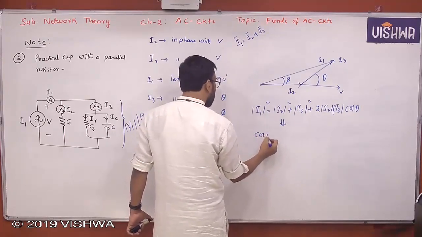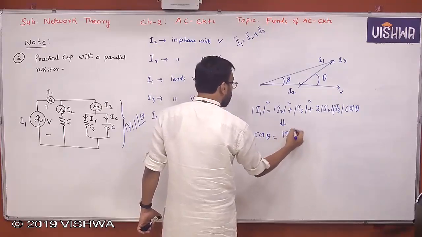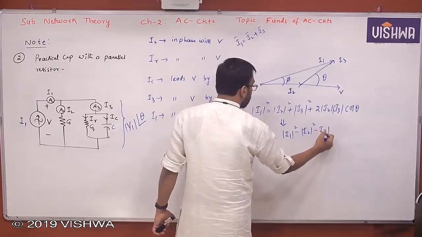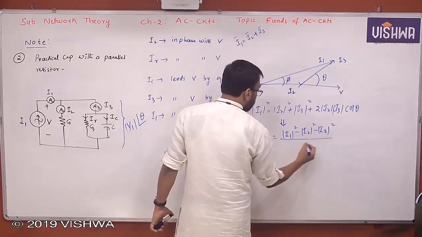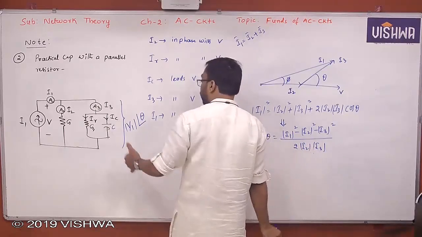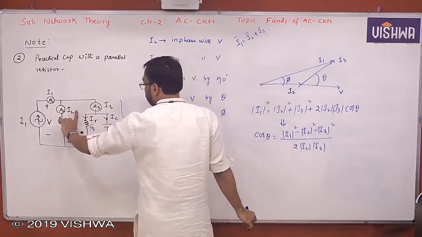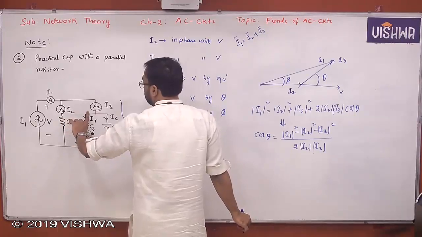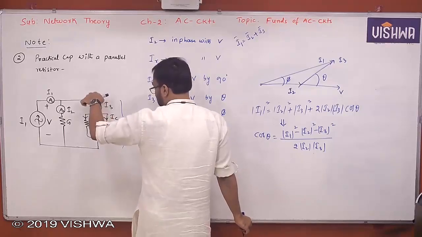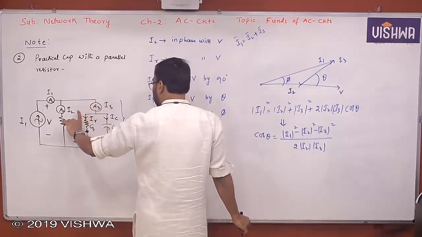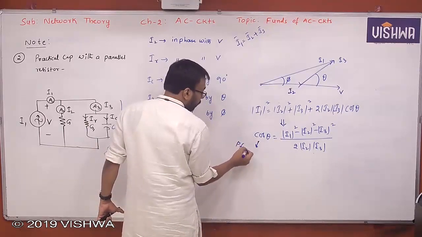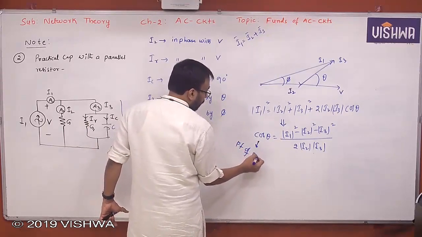Okay, so cos theta will become I1 squared minus I2 squared minus I3 squared over 2 times I2 I3. So the cosine of the angle difference between the voltage across the practical capacitor and the current through the practical capacitor. This is an ideal capacitor, but this is the practical capacitor total part. So that cosine is nothing but the power factor. This is the power factor of the practical capacitor.